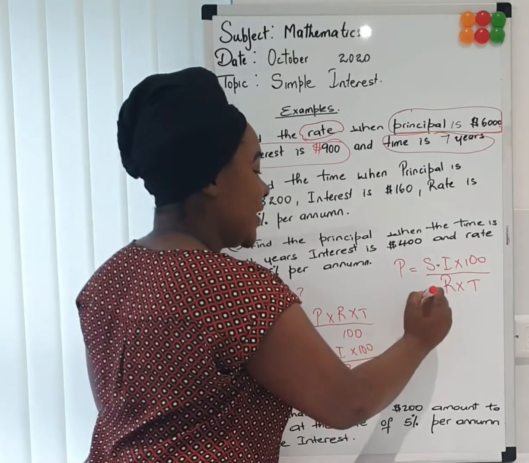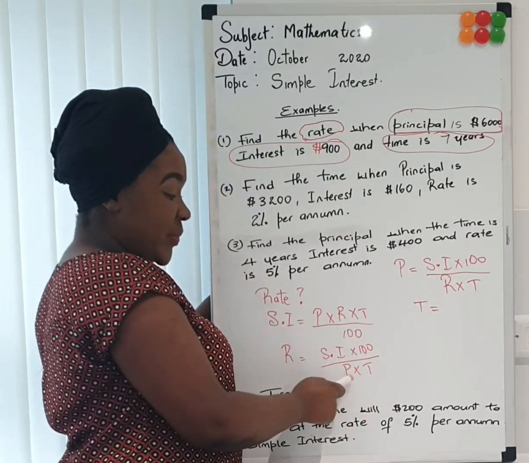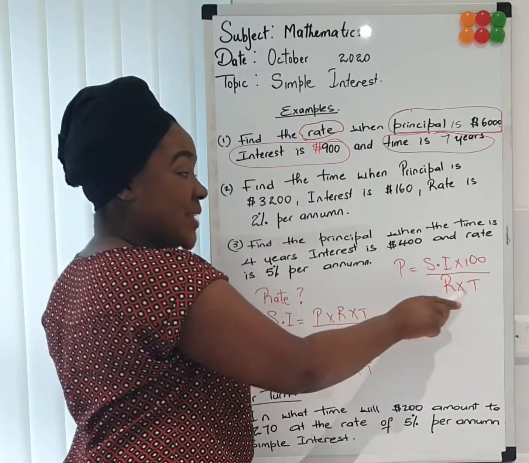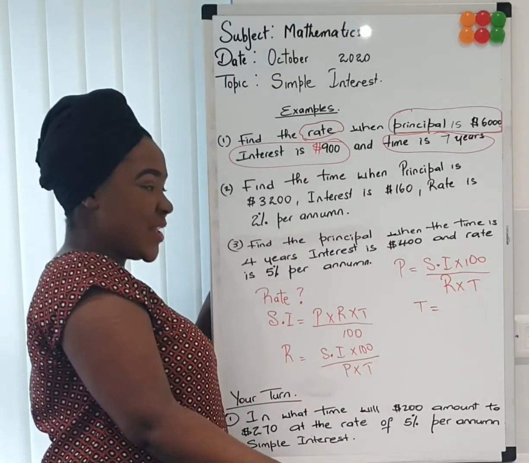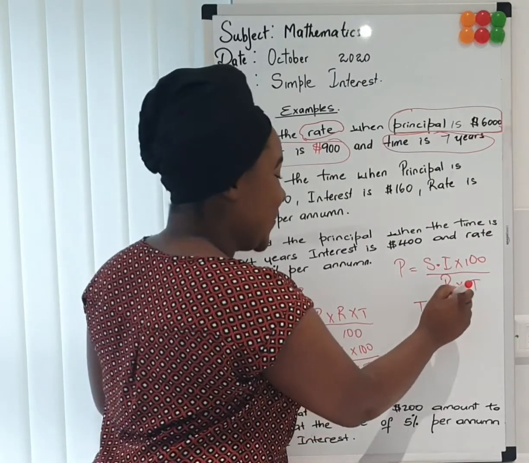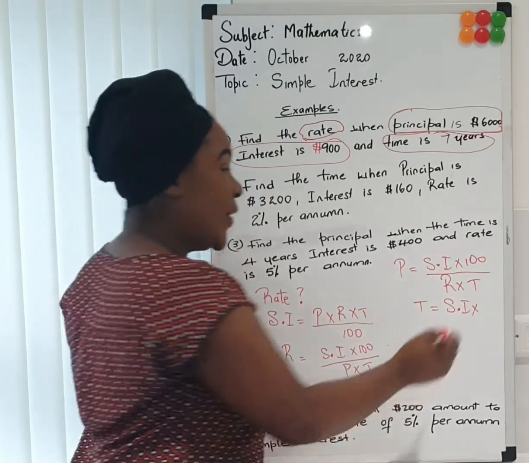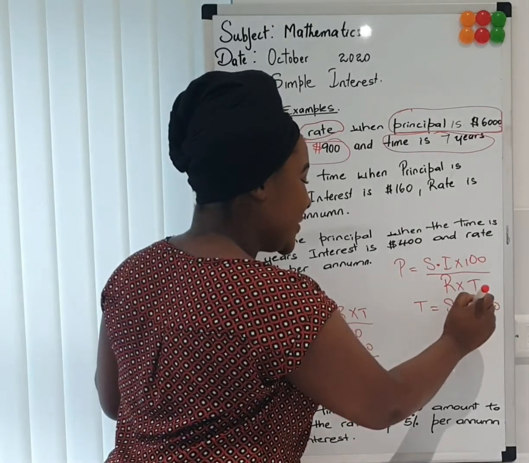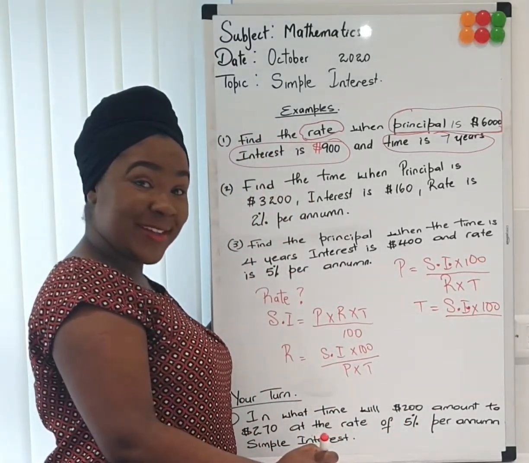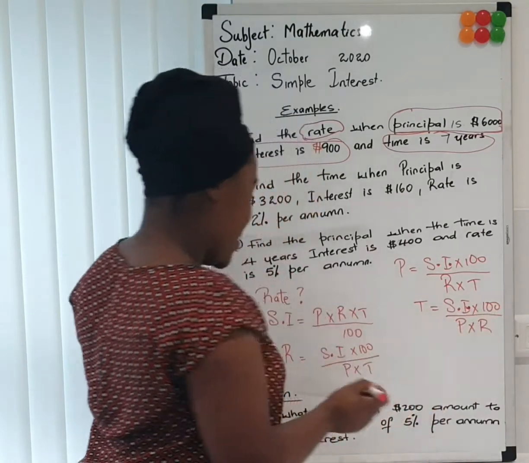And then if rate is simple interest times 100 over principal times time, and principal is simple interest times 100 over rate times time, then what do you think time would be? Tell me? Okay, simple interest times 100 all over principal times rate. Alright?